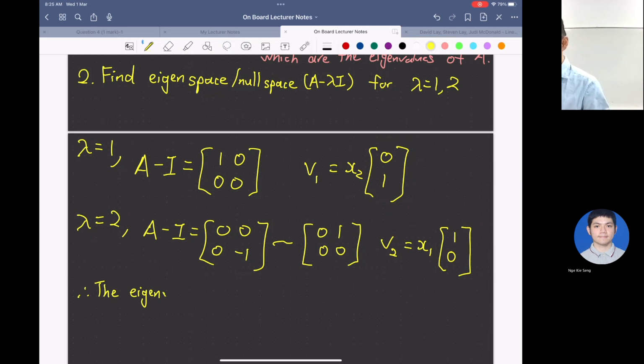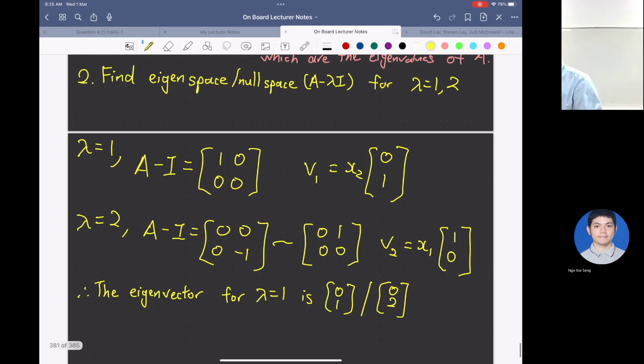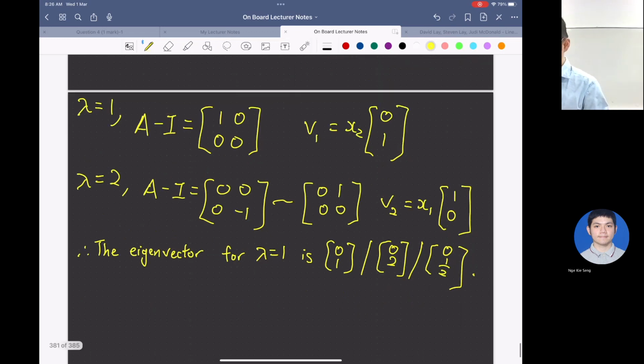So what you can write is, the eigenvector for lambda 1 is you just pick (0, 1). If you like, you also can pick (0, 2), or (0, half), up to you. It's a scalar multiple.